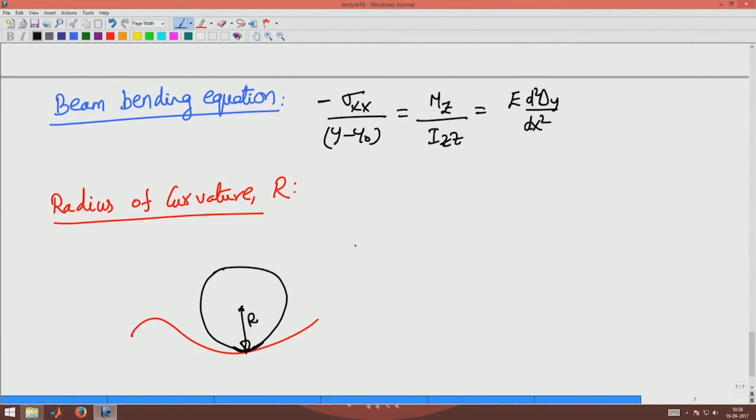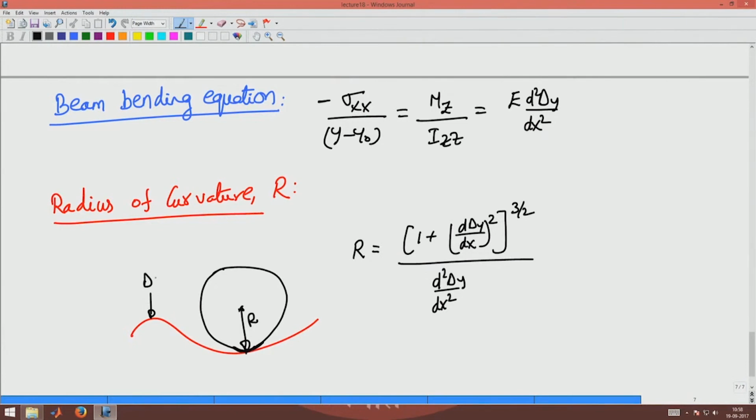So, R from analytical geometry is given by 1 plus (d delta y by dx) whole square, whole power 3 by 2, divided by d square delta y by dx square, where delta y is the equation of the curve as a function of x. This is x, which deformed into like that, delta y is the equation of the curve. Now what happens?